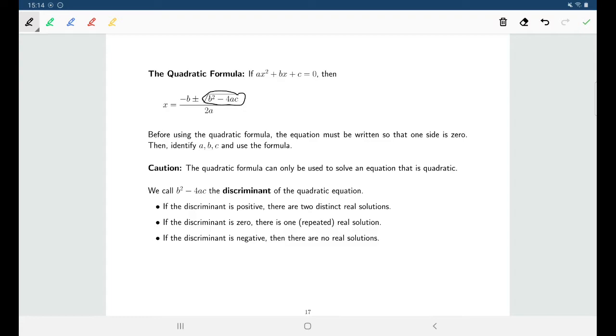And also, of course, if the discriminant is negative, then that square root won't be a real number, which means we'll have no real solutions. So sometimes it's nice, if you're solving a problem, to first find out what the discriminant is. And if it's negative, then there's no need to go further because there's no real solutions.